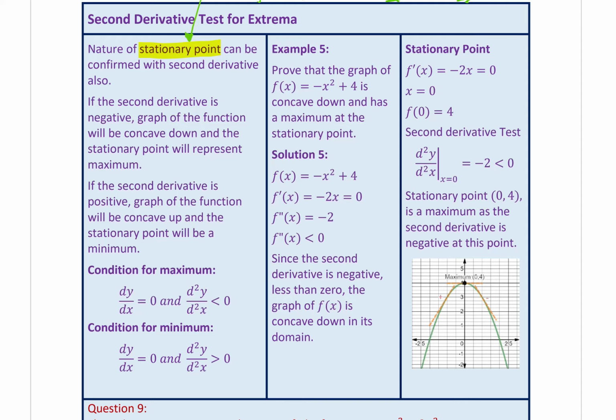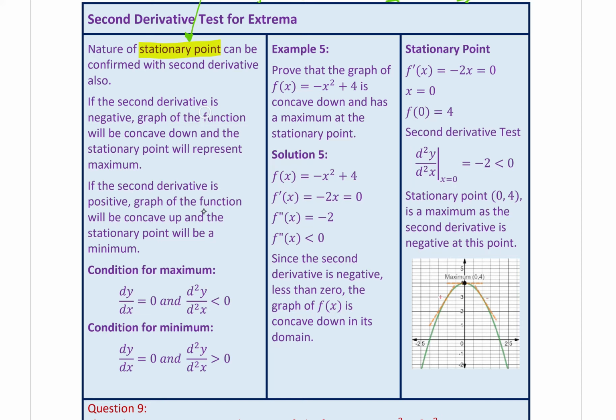Perfect. Now that we did by analyzing the first derivative. Now we'll see how the second derivative can help us find out whether the stationary point represents a local minimum or local maximum or neither. That is what we're going to do. Correct? So the nature of a stationary point can be confirmed with the second derivative also.